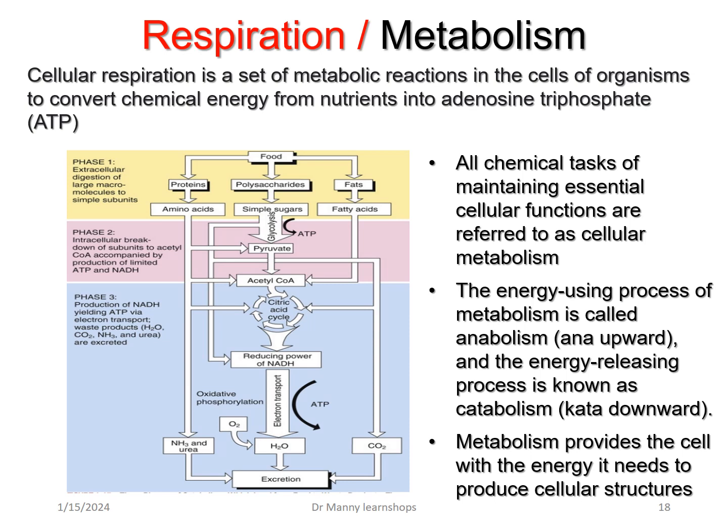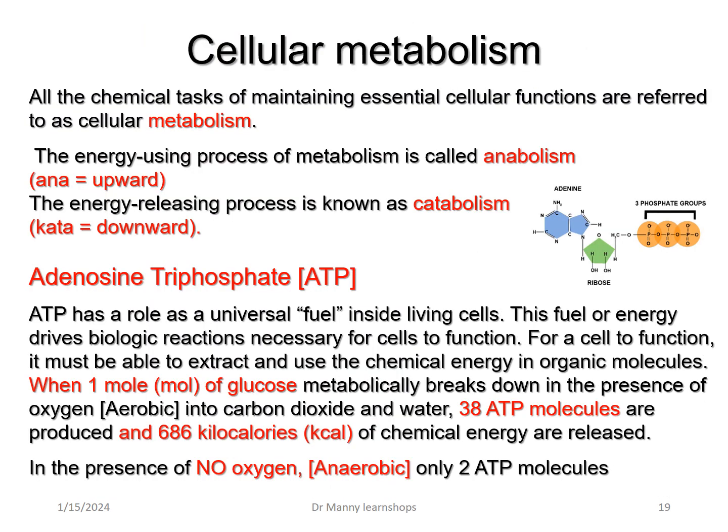It's important because metabolism provides the cell with the energy it needs to produce cellular structures. Cellular metabolism then is all the chemical tasks to maintain cellular functions. The energy-using process of metabolism is called anabolism. The energy-releasing process is called catabolism.